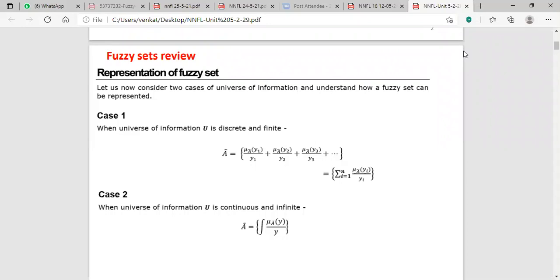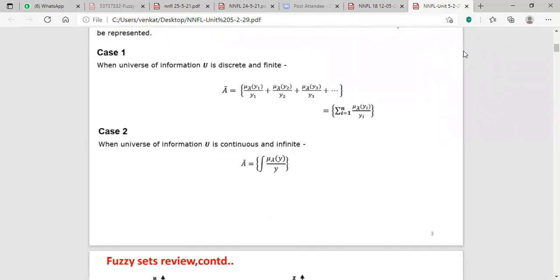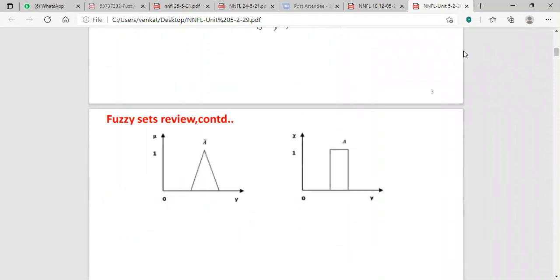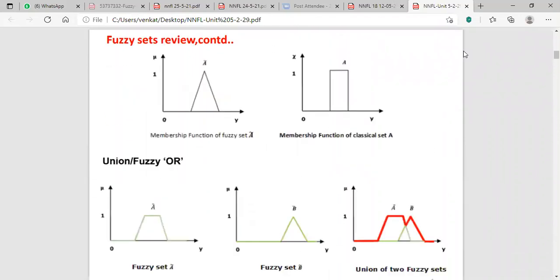You are able to represent it in membership function form. Fuzzy membership functions are usually represented as triangular, trapezoidal, bell-shaped or Gaussian membership functions.